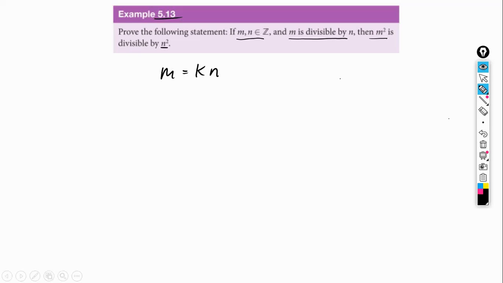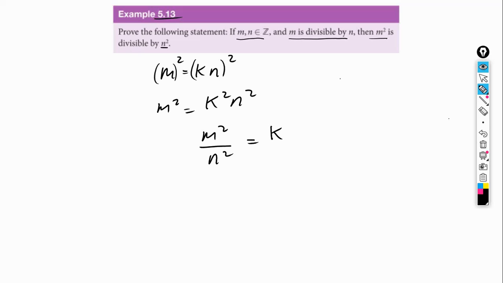If we square both sides of this equation, notice that we're going to get that m squared is equal to k squared times n squared. Thus, m squared is divisible by n squared. Obviously, right? Because this would imply that m squared divided by n squared is equal to some integer k squared.